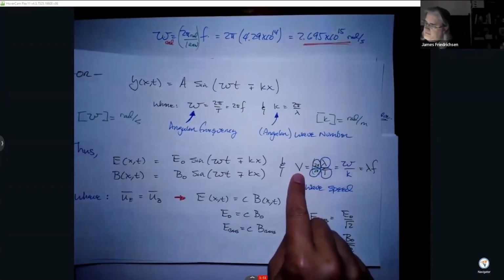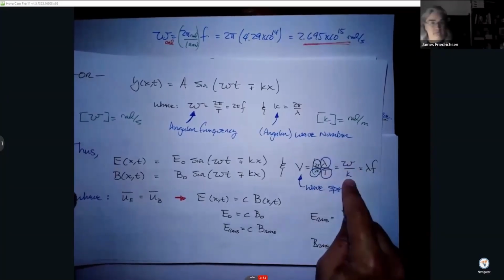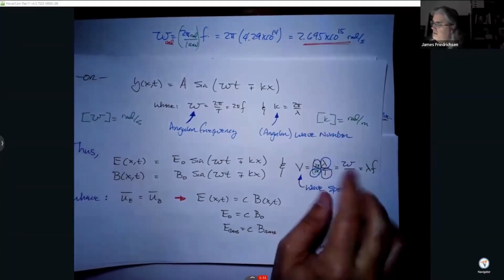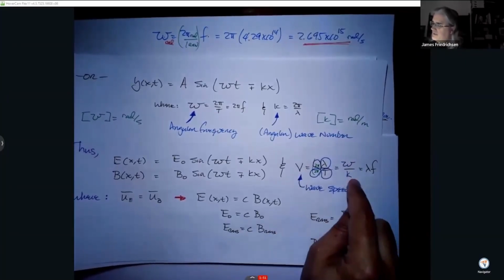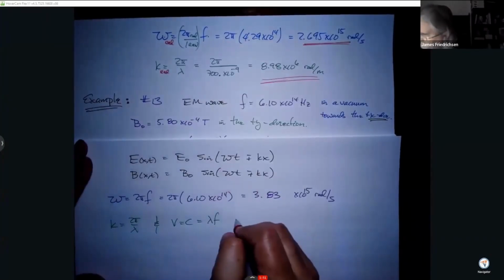So I showed you that V was lambda over T, and that we could rearrange this to get omega over K. So I want to practice with that one because we haven't used it. Okay. So I'm going to start with V is omega over K, and we're going to solve for K.